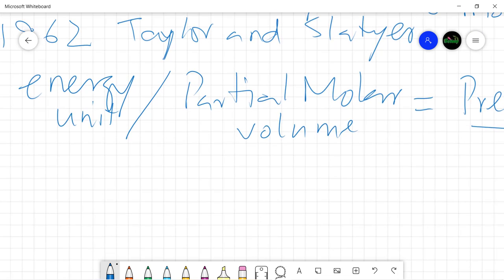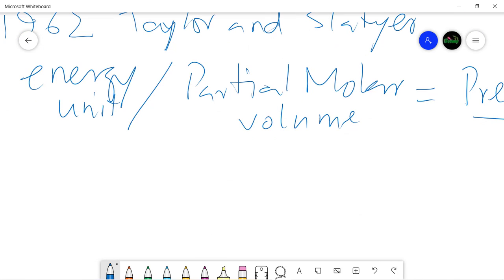And what happened is that plant physiologists started using pressure units for the chemical potential of water, or for water potential. So whenever we talk about water potential in solutions, or when we are considering cells or tissues, we usually consider water potential in terms of pressure units instead of energy units.